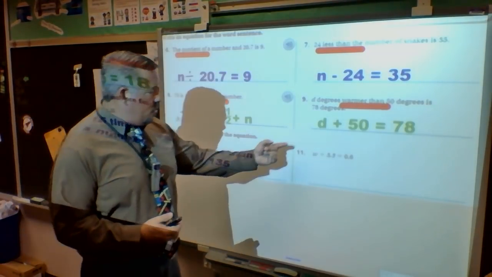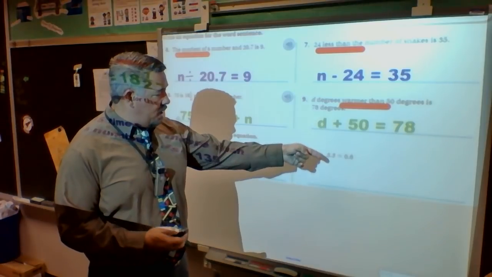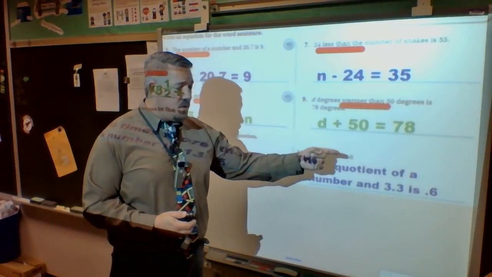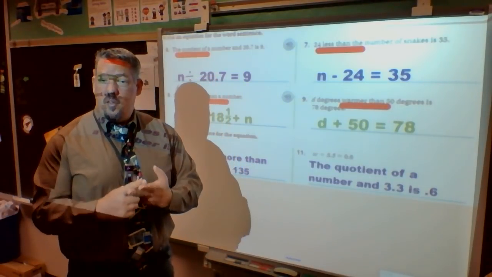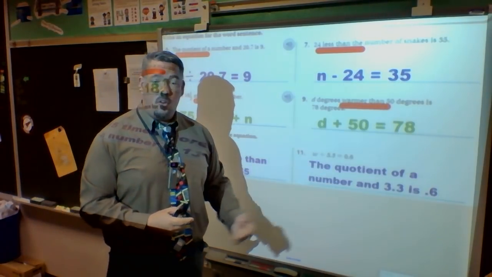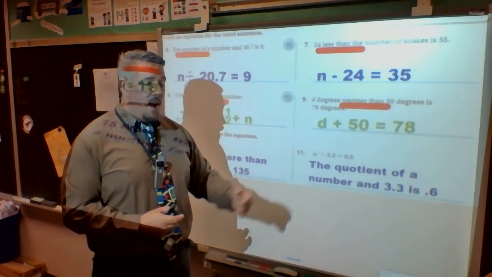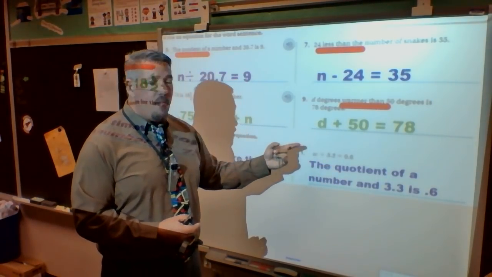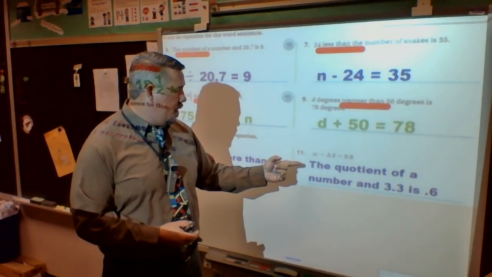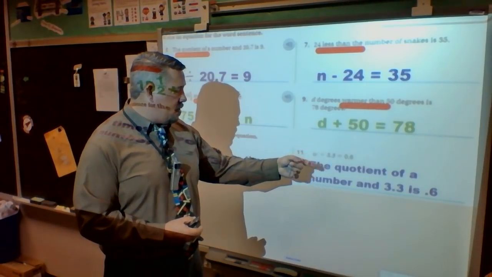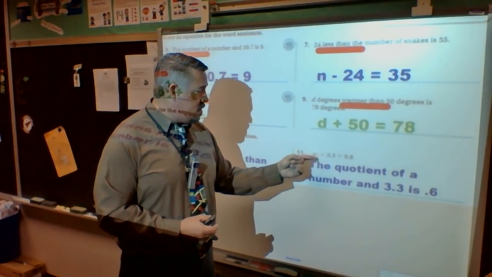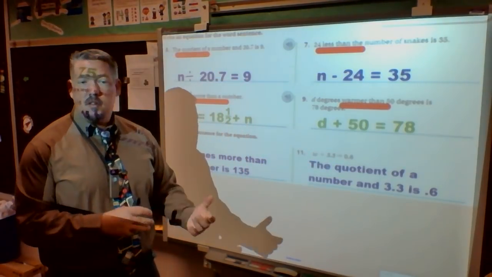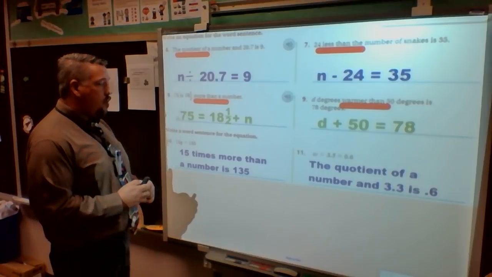This one is W divided by 3 3/10 equals 6/10. I could say the quotient of, and in subtraction and division, remember the order that they're worded in is which one has to go first. So it's the quotient of a number, because I have a W there for my variable, and 3 3/10, 3.3, so I know it has to stay in that order, is, for my equal sign, 6/10 as my answer, and I'm good to go.